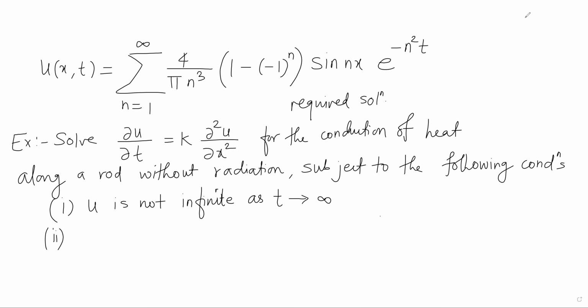The second condition is ∂u/∂x is 0 for x equal to 0 or L. Whenever insulation is present and no heat flows, x takes the values 0 and L. We claim the plate is of length L, so at both ends it is insulated, or no heat is flowing through it.